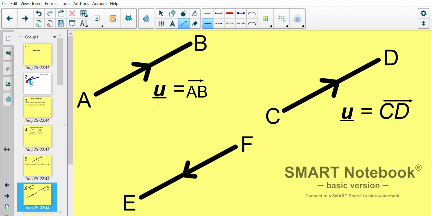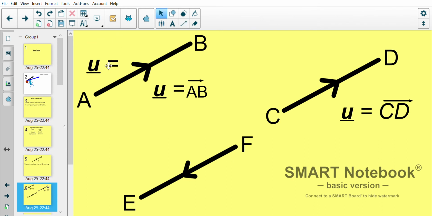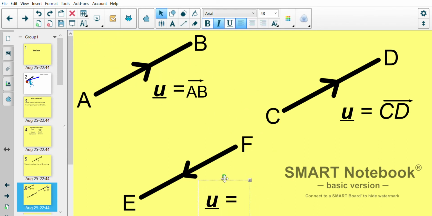And I could start doing the same thing again. If I paste this again, I want to call this vector U. It's the same length, it's parallel, but unfortunately it's not the same. And the reason it's not the same, you may have noticed, is that the arrow is pointing the opposite direction. So this is not vector U anymore.